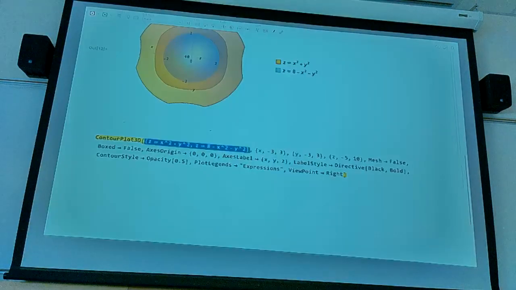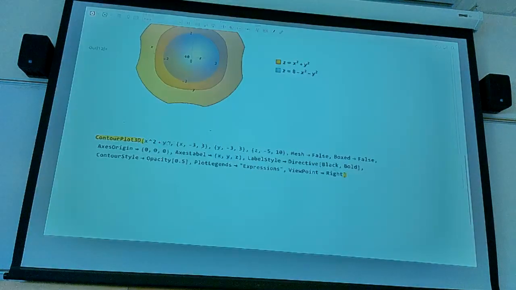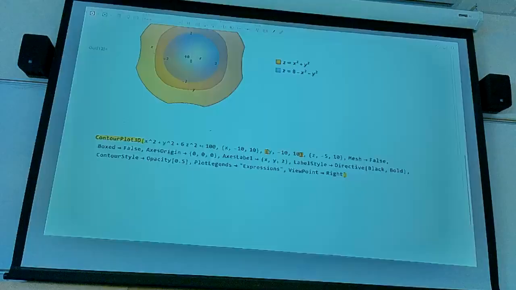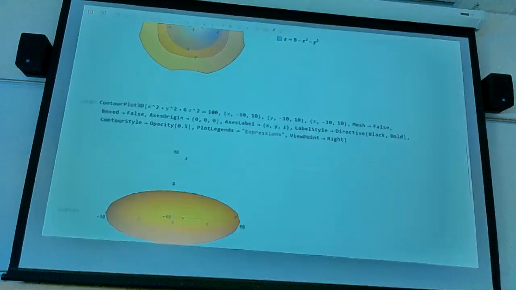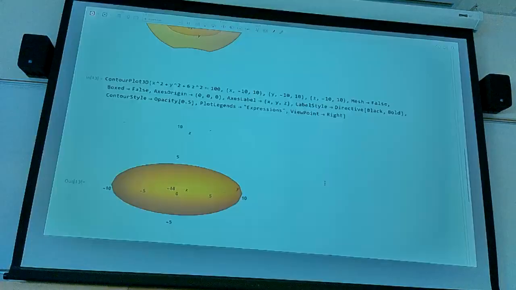This was x squared plus y squared plus 6z squared is equal to 100. And let's just start minus 10 to 10 all the way around.